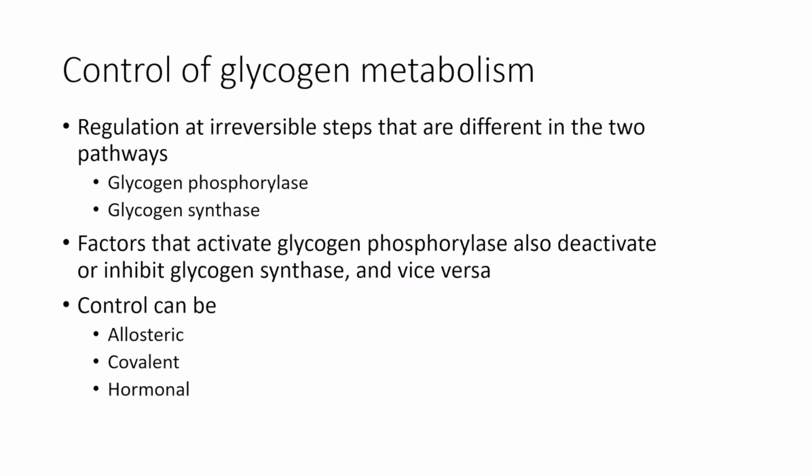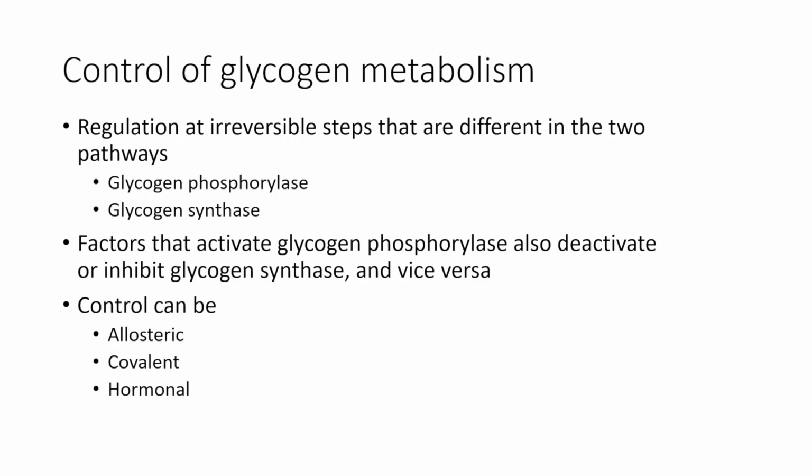So now we know how all the enzymes work, how glycogen is built up, and how it's broken down. Now let's talk a little bit more about how glycogen metabolism is controlled. Just like we saw for glycolysis and gluconeogenesis, the regulation of it is going to happen at the irreversible steps, which are different in the 2 pathways.